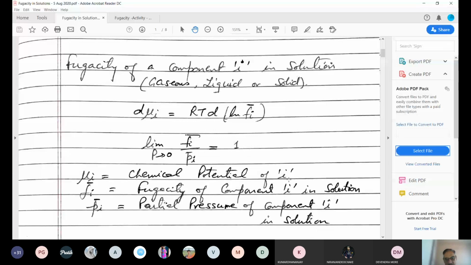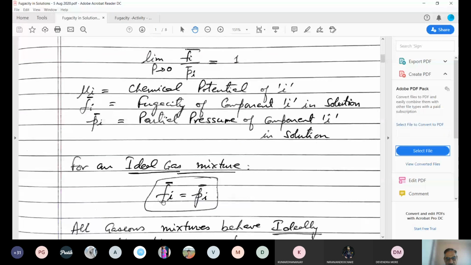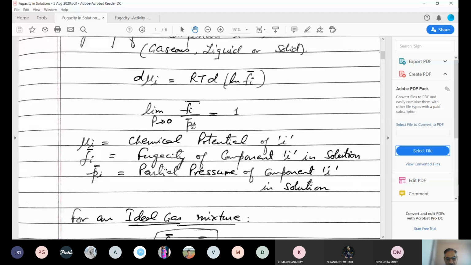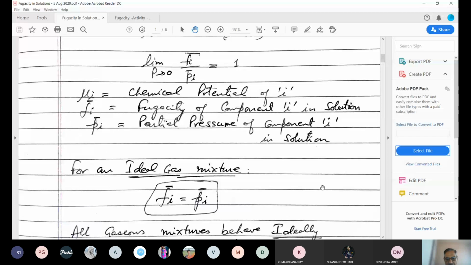So by analogy we define it for solutions. Now if you look at an ideal gas mixture, we know that f_i bar is equal to P_i bar because this is equal to 1, right? f_i bar by P_i bar equal to 1 when pressure is very low. That is ideal gas mixtures. And we know that all gaseous mixtures behave ideally when the pressure approaches 0 or very low pressure, you can say.